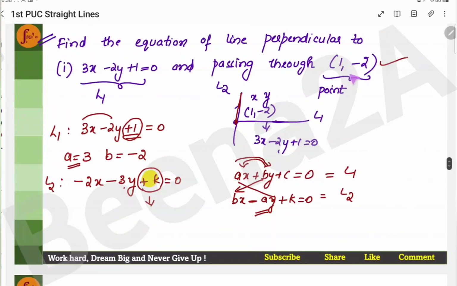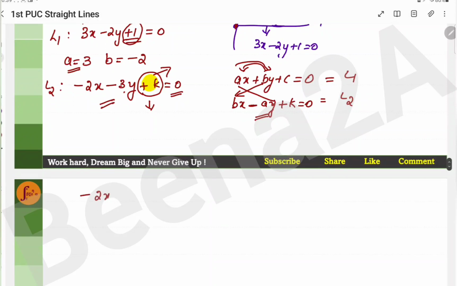Since this point lies on L2, when you substitute the x and y coordinates in the L2 equation, it should equal 0, which means you'll get the value of k. So let's substitute into -2x minus 3y plus k equal to 0.